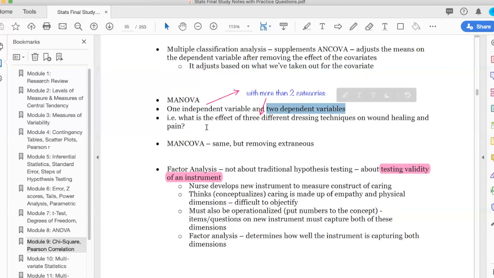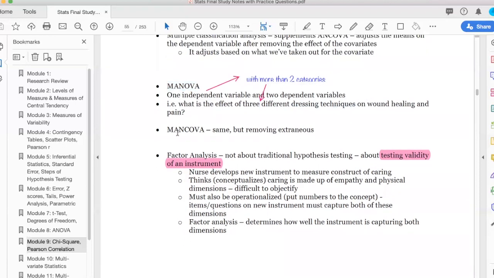So you want to know, what is the effect of this dressing technique, which is your independent variable, on wound healing and on pain, which are your 2 dependent variables. Dressing technique has 3 levels. So it's ordinal. So you would think, okay, I'll do an ANOVA, but then you realize, oh, but I have 2 dependent variables. And that's where you would do the MANOVA.